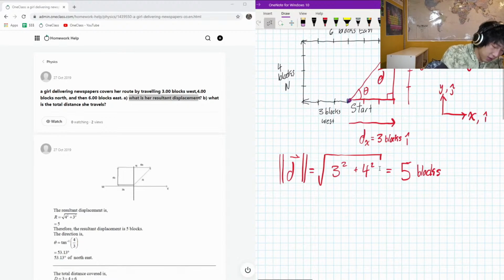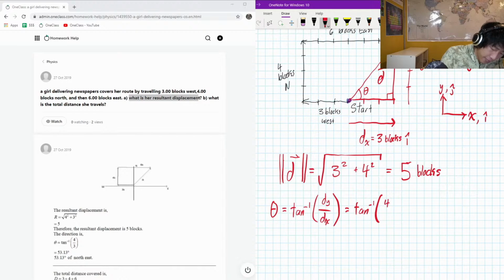So we know that angle has to be the inverse tan, also known as the arctan, of the opposite over adjacent. So in this case, dy over dx. So our inverse tan of 4 over 3 is going to give us an angle that my calculator will tell me, because it's very difficult to do these type of maths in your noggin, but that's why we made calculators.